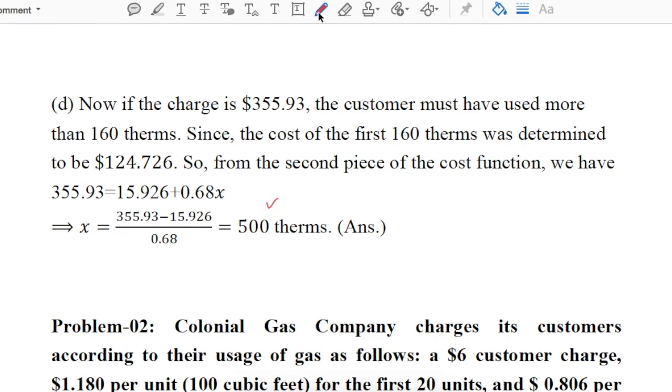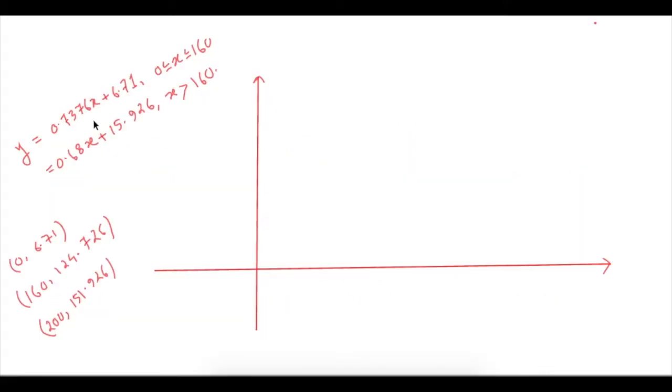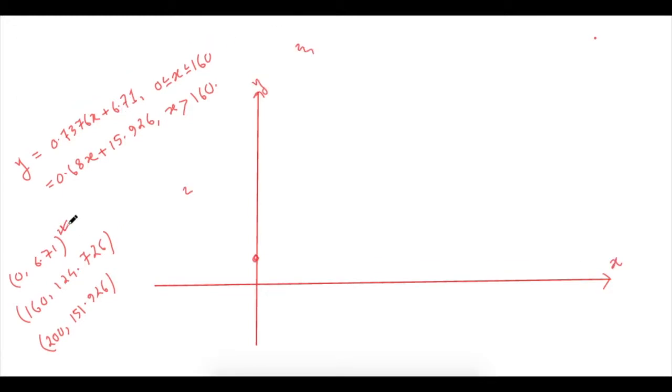Now let us sketch the graph of the cost function. You see the first line starts from 0 and ends at 160, and we already have this result in our hand. From the first equation, when x equals 0, then y will be 6.71. The first line initiates from this point and ends at 160.